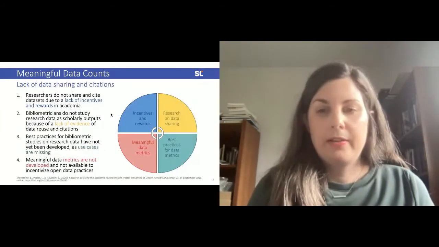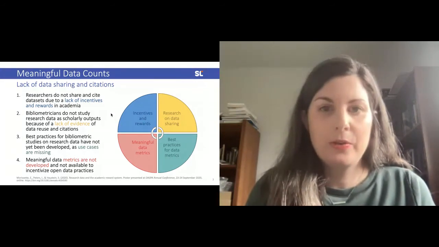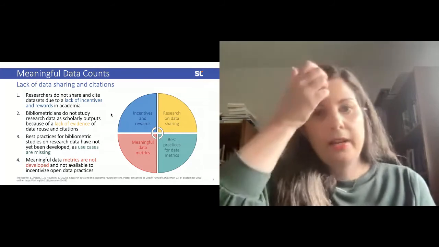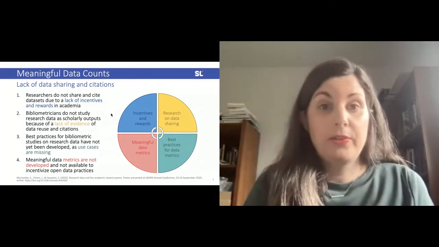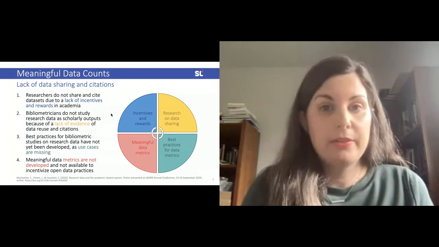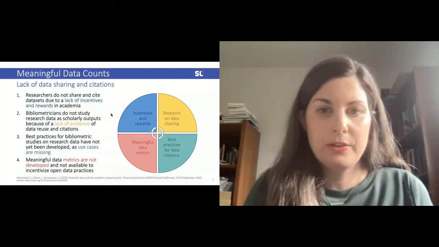So this is how we put the motivation for the project in a nutshell. What we're seeing right now is that not a lot of researchers actually share, and particularly cite, data sets because there is a lack of incentives and rewards in academia. So we're not really rewarding this. You all know about the issue.